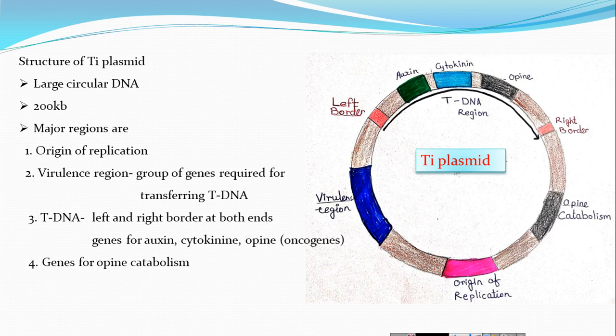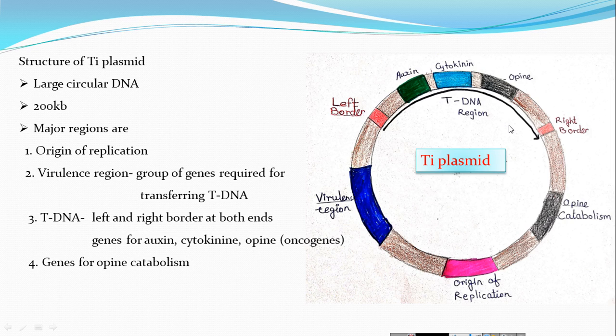The genetic organization of this region is shown in a figure, and these plasmids are used for the cloning of larger genes. Generally, these plasmids have their own origin of replication. They have virulence genes, which are the group of genes required for transfer of T-DNA. They have a T-DNA region.